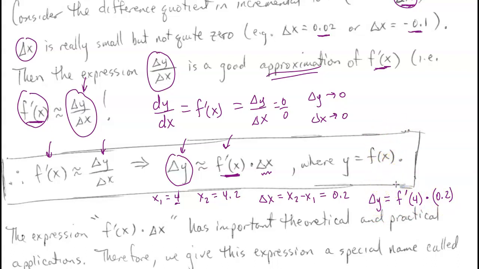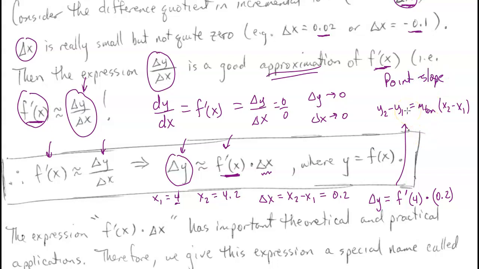Now, before we move forward here, remember, delta y is just the change in y values. And remember that the derivative of a function at a particular x value is really just the slope of the tangent line of that function at that x value. And remember, delta x is just the change in x values. So when you see this, notice how it looks like the point slope version of an equation of a line, okay?